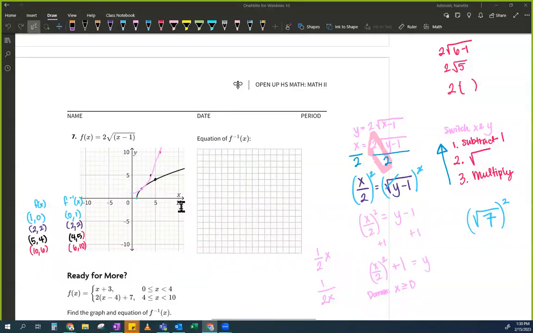Think about switching X and Y. Where would I get that from? Which values should I look at? If I wanted to consider the domain of the inverse for the function, whose value should I be looking at? Domain is which letter, guys?